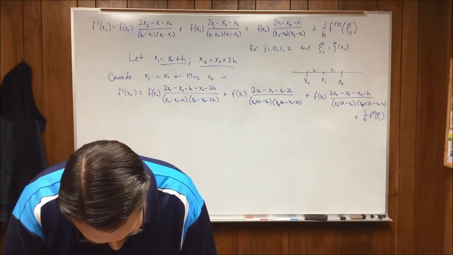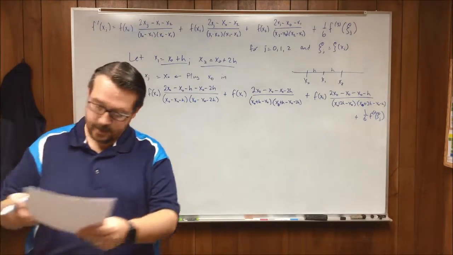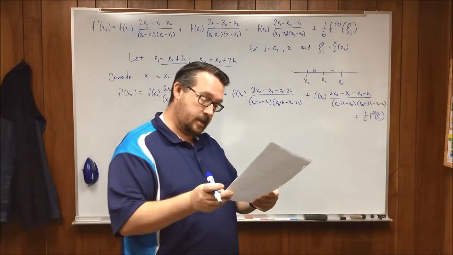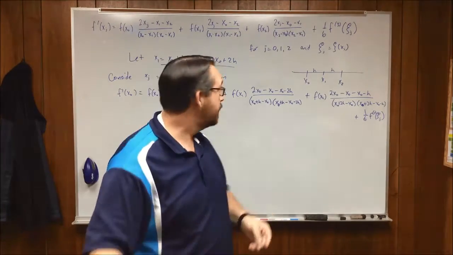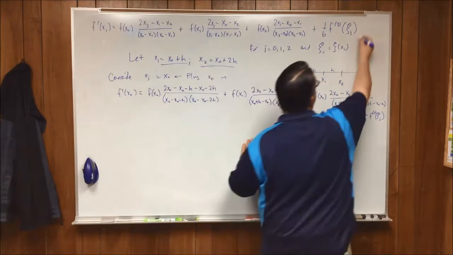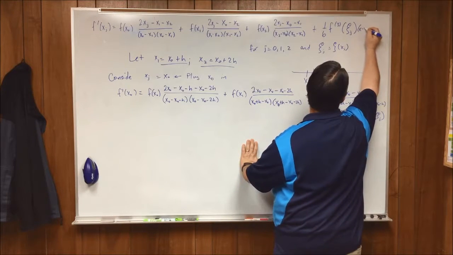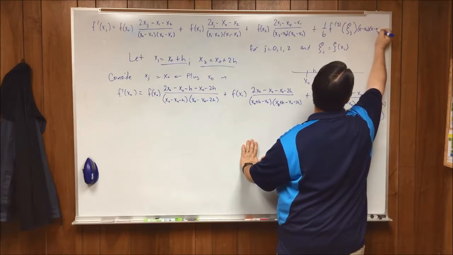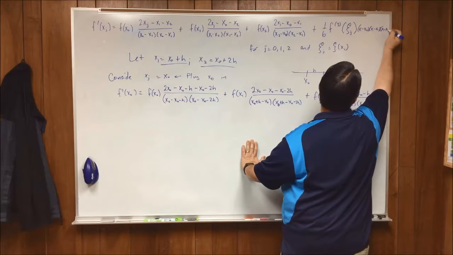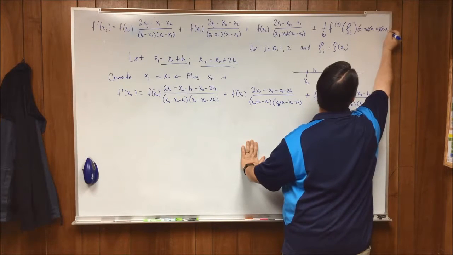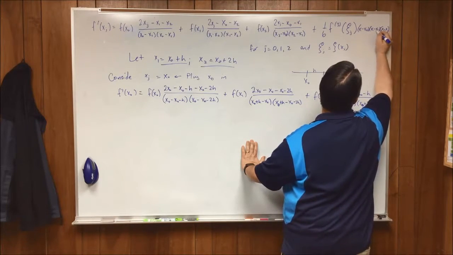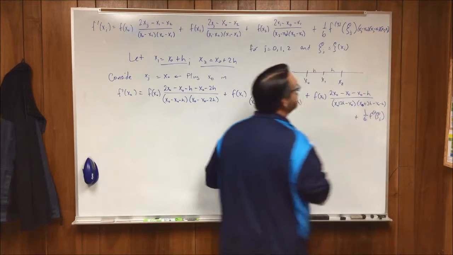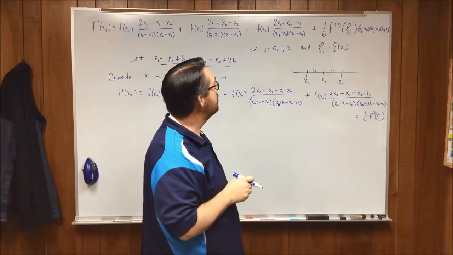And I'm leaving off something, because I left something up here. This was times x minus x naught, x minus x1, x minus x2 with a j plugged in on each of those.